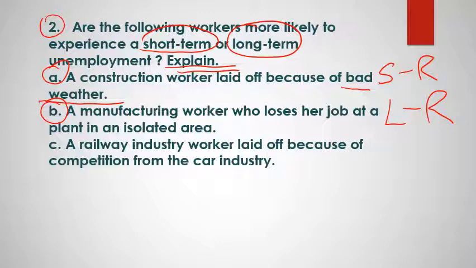In other words, there are no other job clusters in the area. And, well, I guess the assumption is also that you're not willing to relocate. So this would be structural unemployment, right? It's the idea of regionalism.